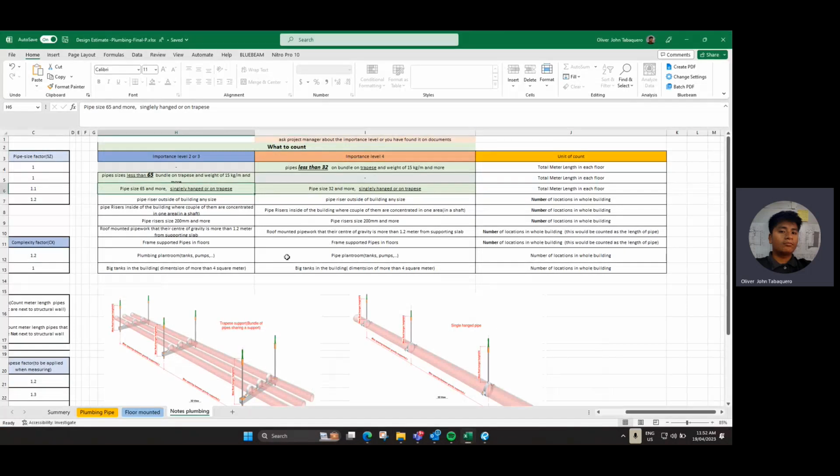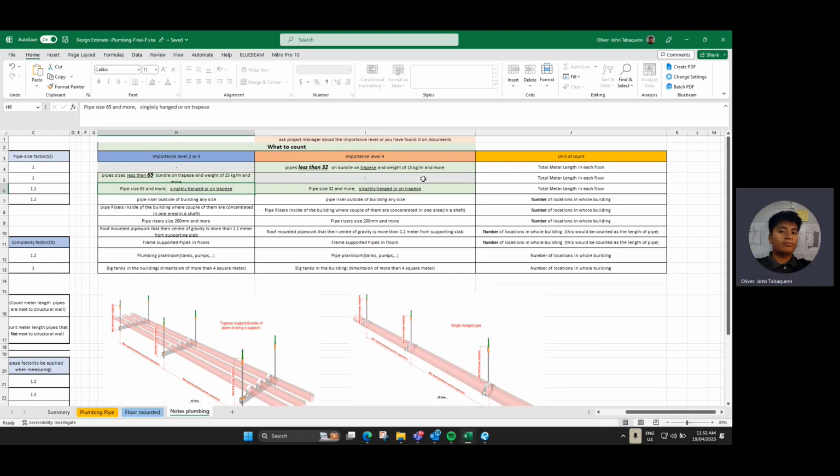For the rules, it's a bit similar to the mechanical ones. Be mindful of the first three rows. For importance level 4, pipes less than 32 on a bundle or trapeze that weigh 15 kilograms or more, you have to count them.